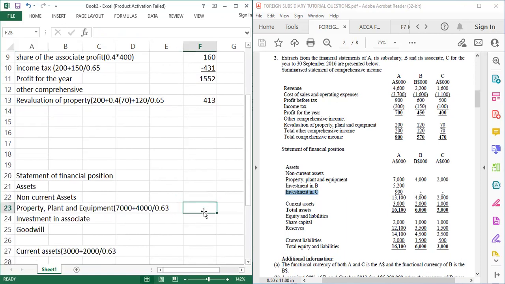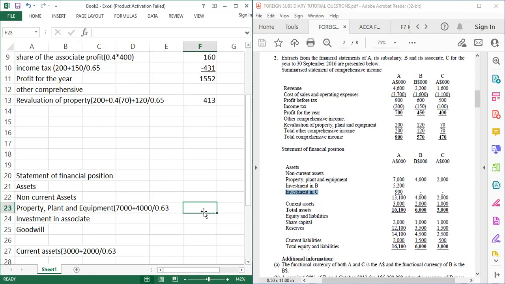Let's put them. So 4,000 divided by 0.63. What are we getting? 6349.